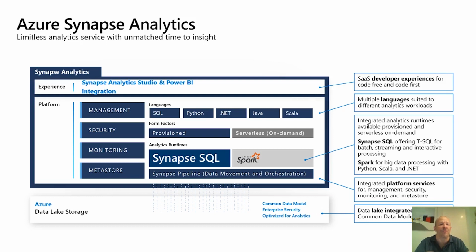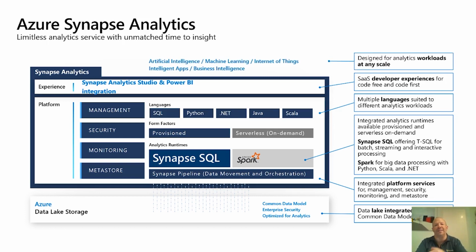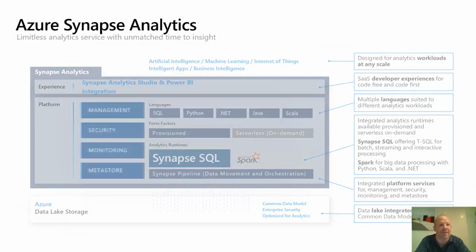And then on top of all of that, we have the Synapse Analytics Studio on Power BI integration, which gives you a SaaS developer experience for code-free and code-first experiences in Synapse. And then on top of that, you then basically can put your business intelligence applications, etc. And also you can use any kind of workload on that platform, be it for artificial intelligence, machine learning, Internet of Things scenarios, business intelligence, intelligence apps, etc.